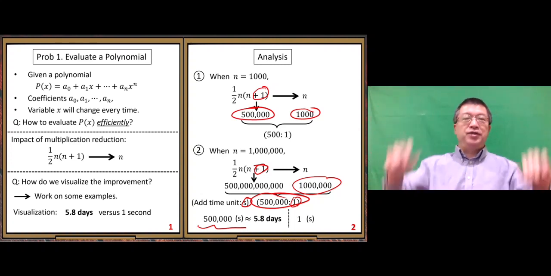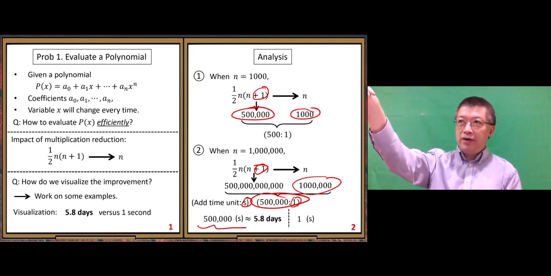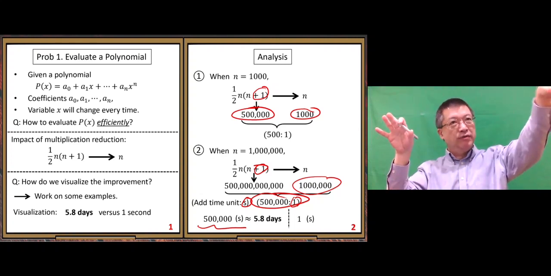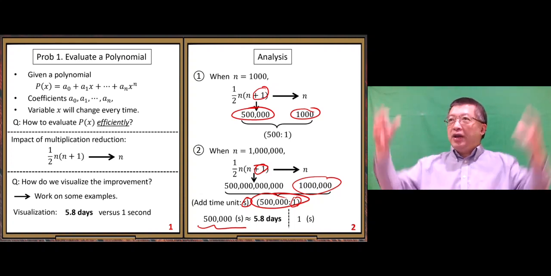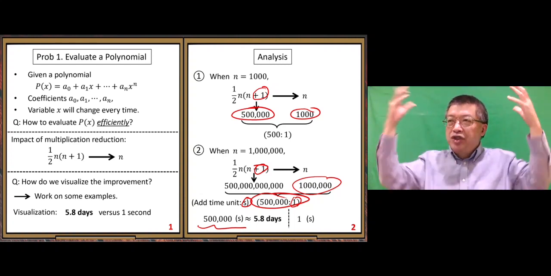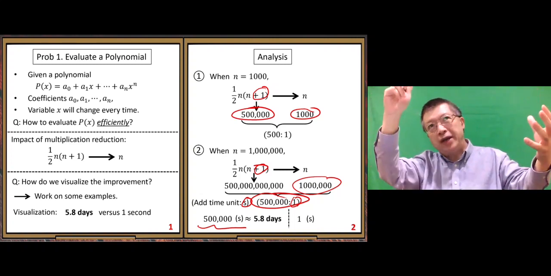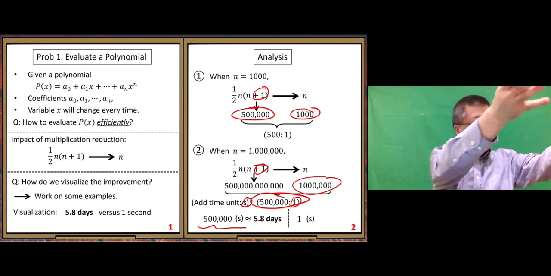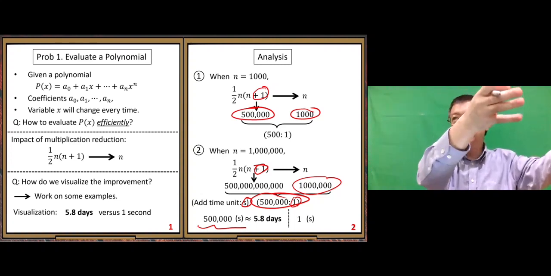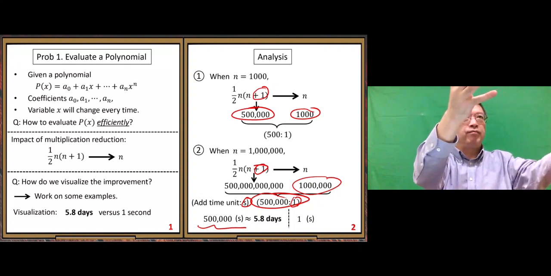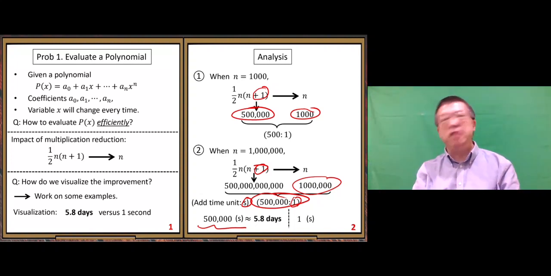To summarize, there are two algorithms. One smart, one very slow. You use both algorithms to solve the same problem. The smart one, you only need 1 second. The poor one, you need 5.8 days to do the same thing.